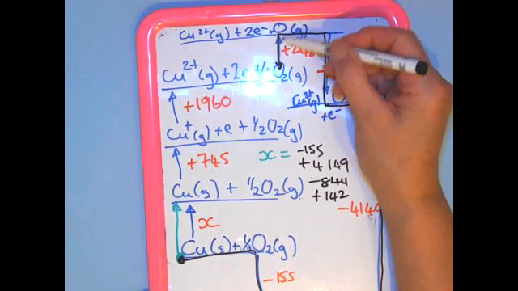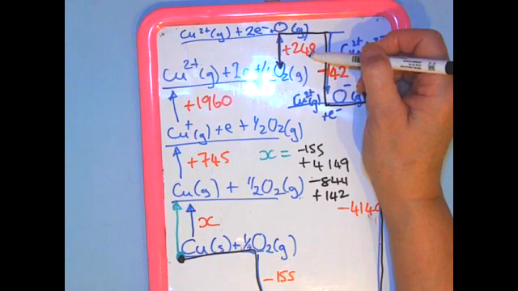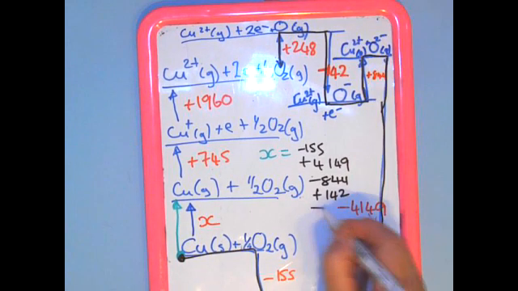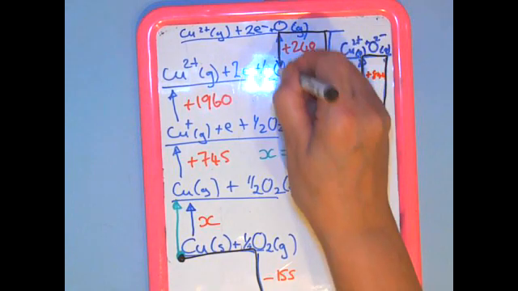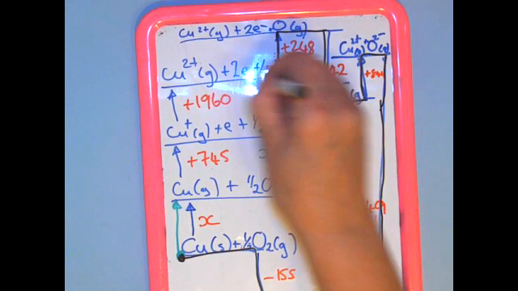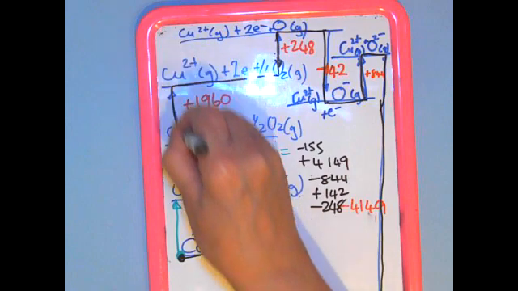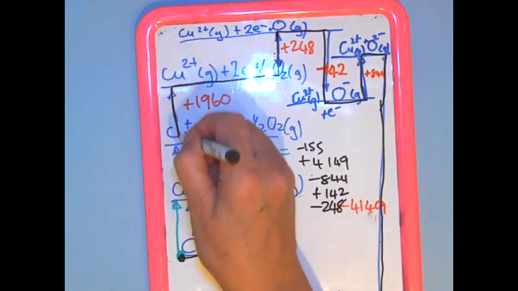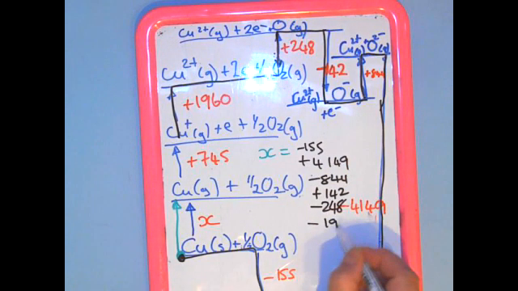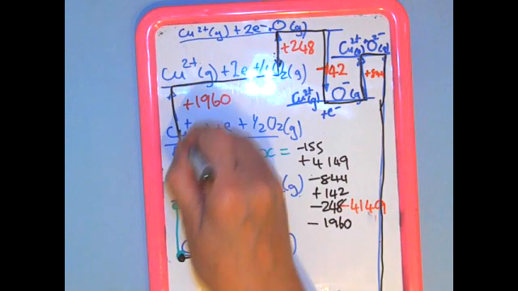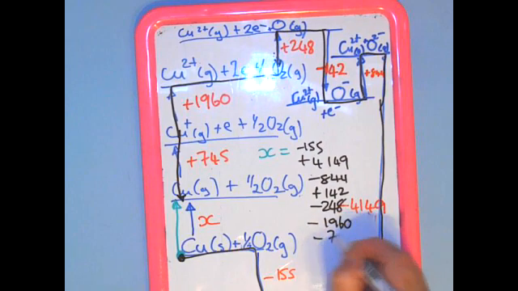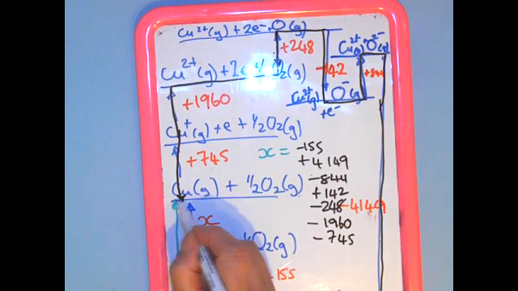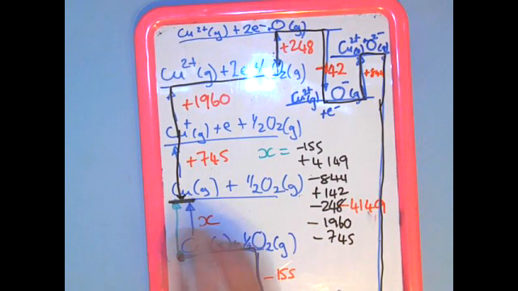So that's minus 248. I've come that way, go across there. I'm going against this arrow, so that's minus 1960. I'm going against this arrow, which is minus 745, and I finish at the same point. Okay, so I finish here.